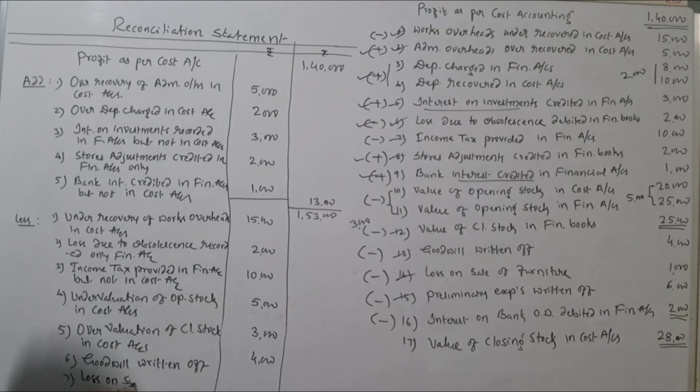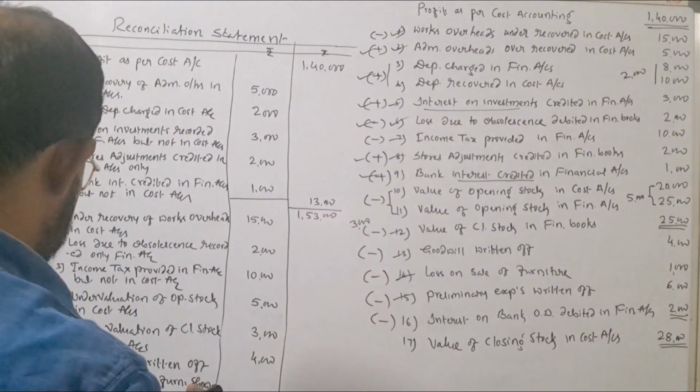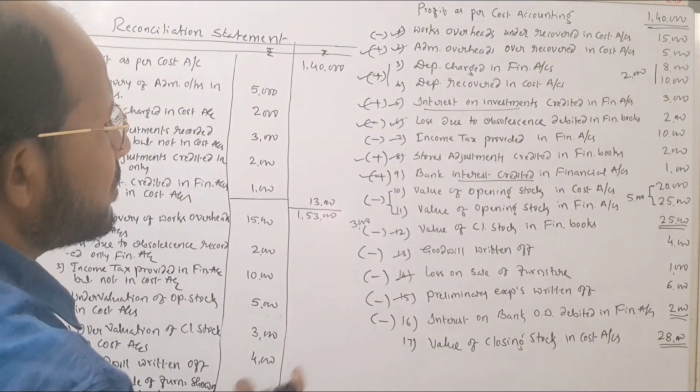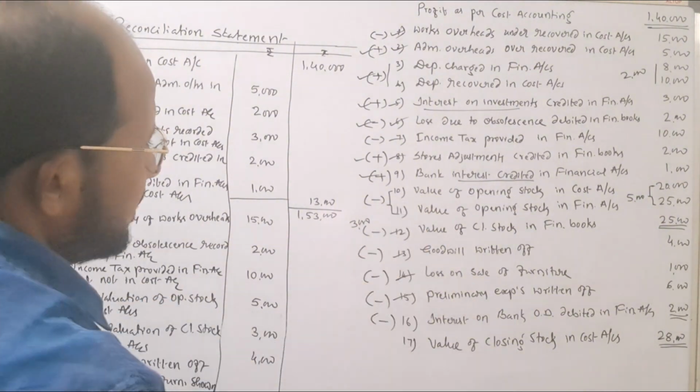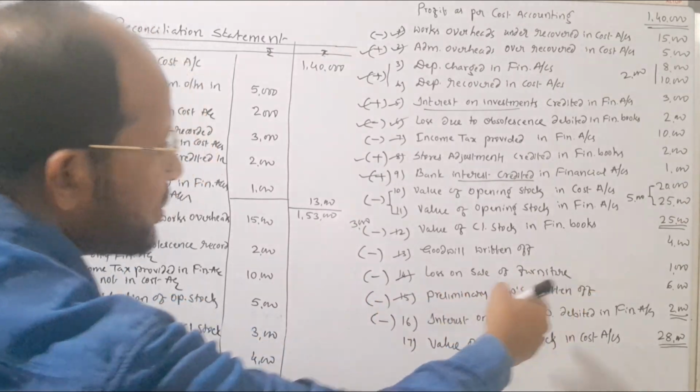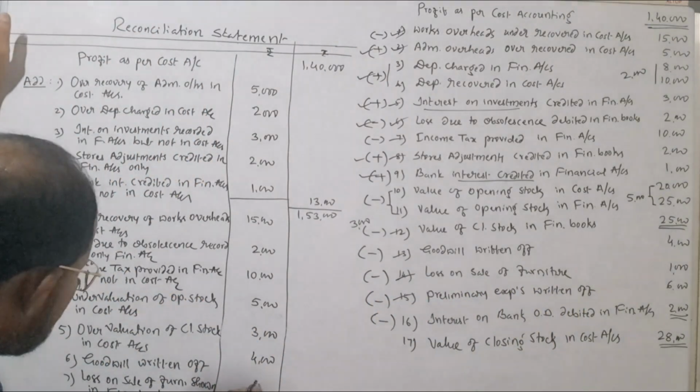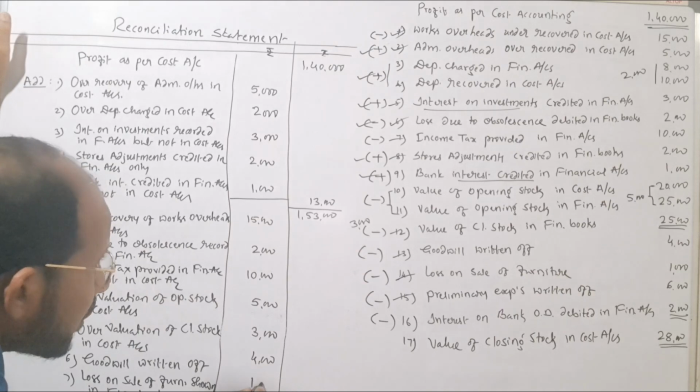Loss on sale of furniture shown in financial books. What is the amount here? Rupees 1,000.